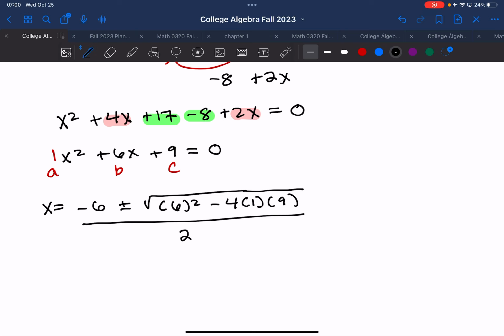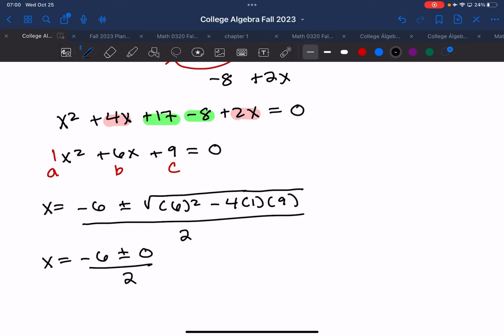So when you type this into your calculator, just whatever's under that radical, what are you going to get? 0. So if I take the square root of 0, what is that going to give us? 0. So I have x is equal to negative 6 plus or minus 0 over 2.